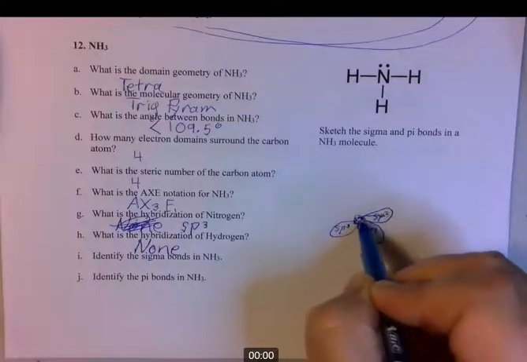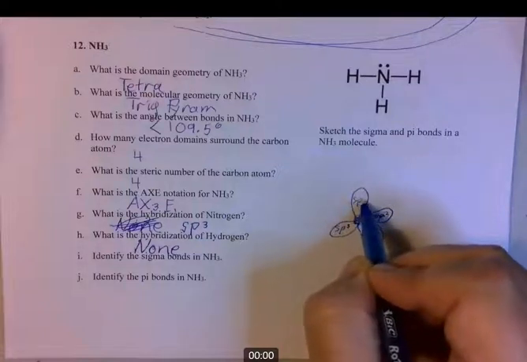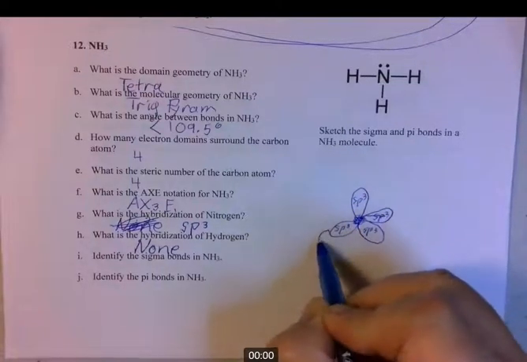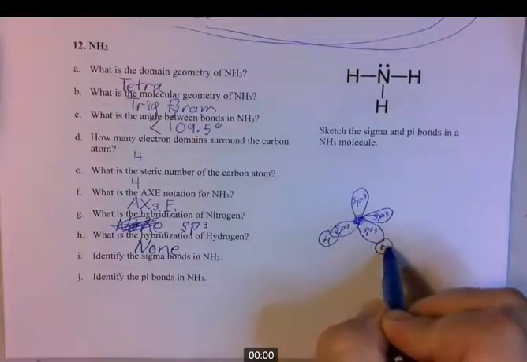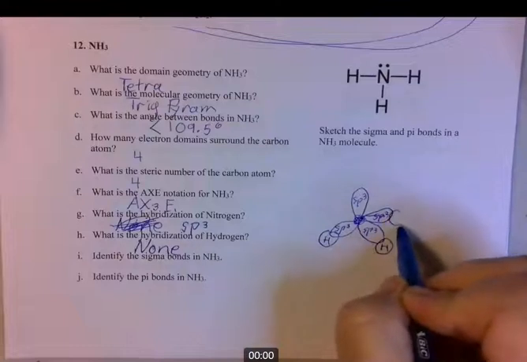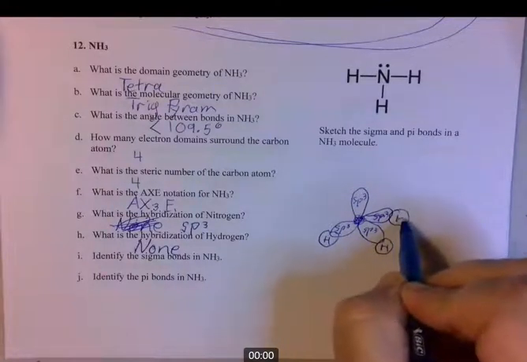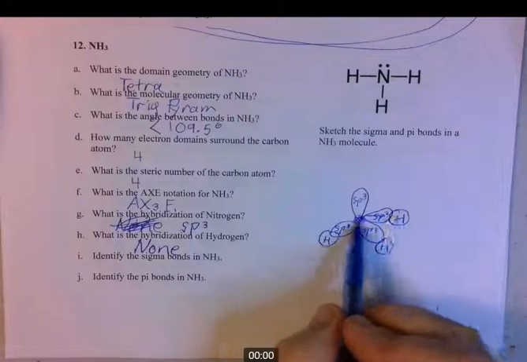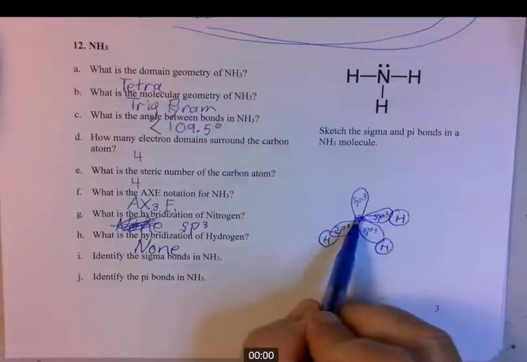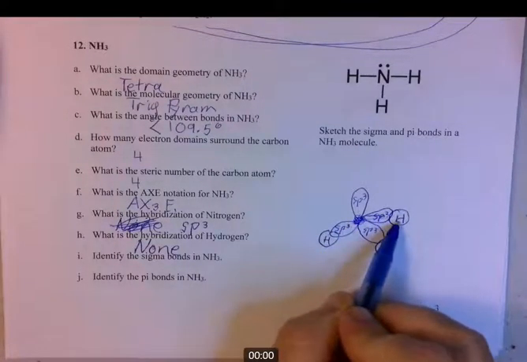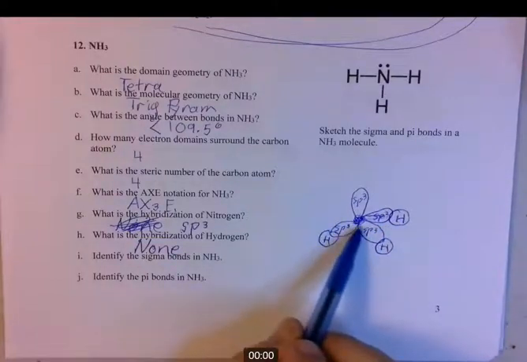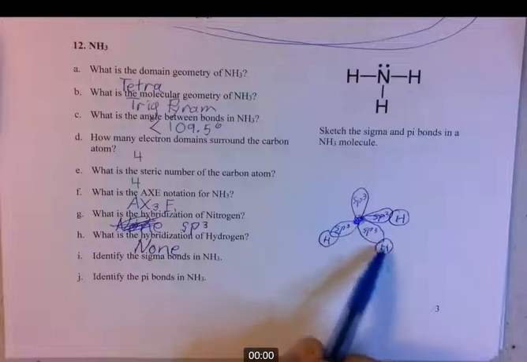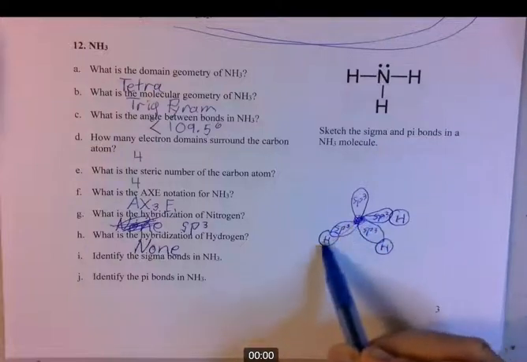And then the fourth one is going up. And that's sp3. Now these all have hydrogens bonded to them. You can pick any three you wanted to say the hydrogens are bonded. It doesn't have to be the three on the bottom. These are sigma bonds right here because it's directly between the nucleus of the nitrogen and the nucleus of the hydrogen. Same with this. Directly a straight line between the nucleus of the nitrogen and the nucleus of the hydrogen, and the same thing there. Okay?